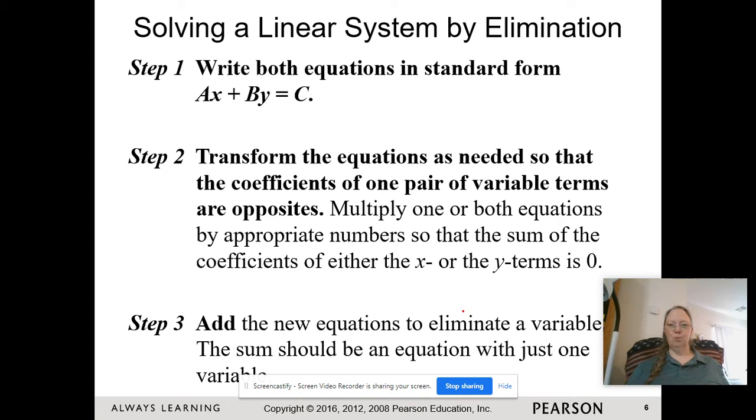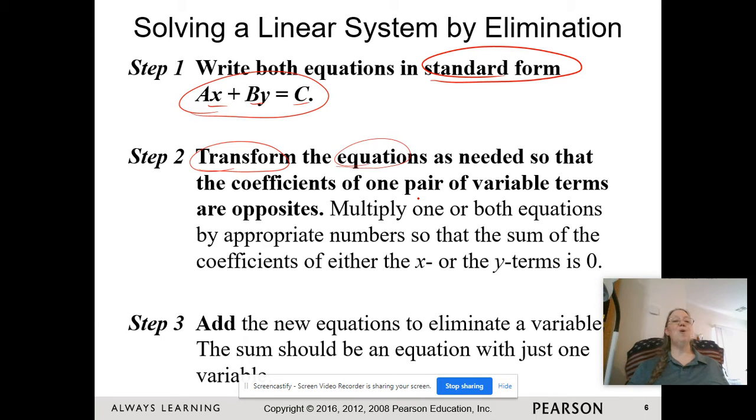All right, so steps involved. First thing, both equations have to be in standard form. Standard form, remember, the x and the y have to be on the left-hand side and the constant on the right. Occasionally, you may have to transform one of the equations, sometimes both, so that the coefficients, so this is important, the coefficients of one pair of variable terms are opposites.